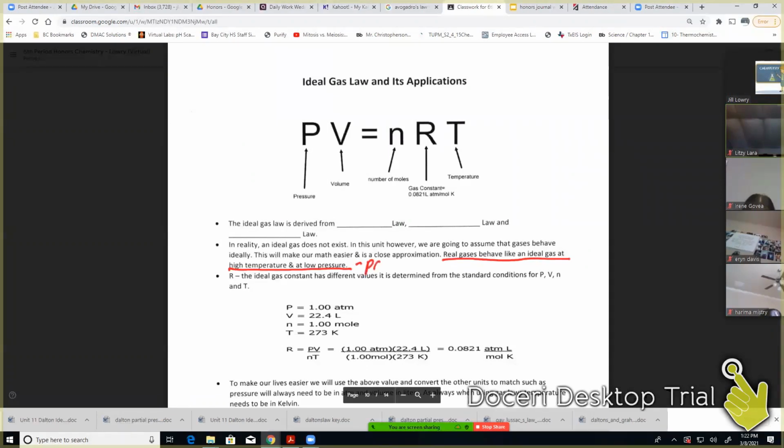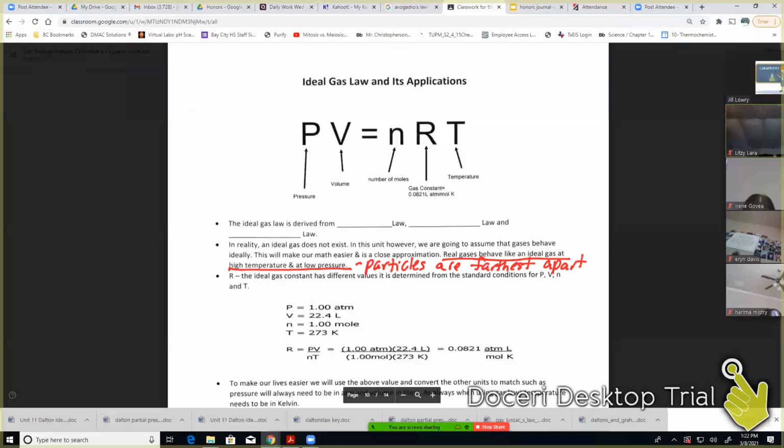And that's because the particles are farthest apart, because an ideal gas does not really have much interaction between the particles. So when the temperature is real high and there's low pressure, gas particles can spread out farther. And so that's when they're most going to approximate an ideal gas.